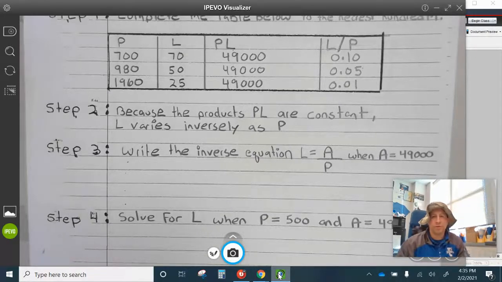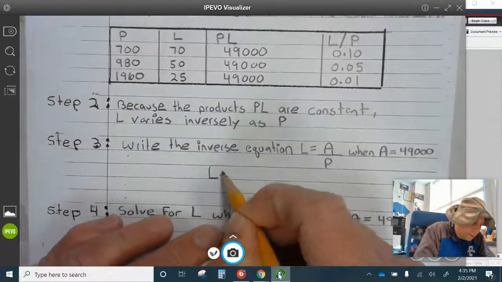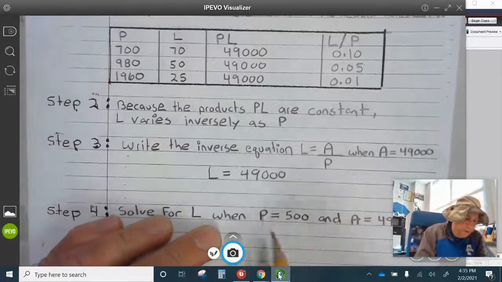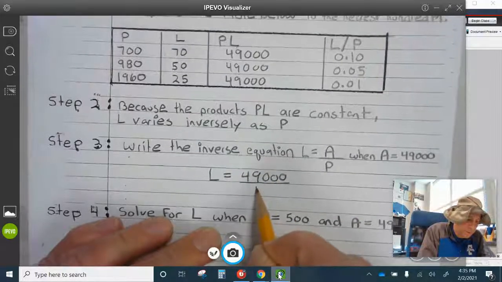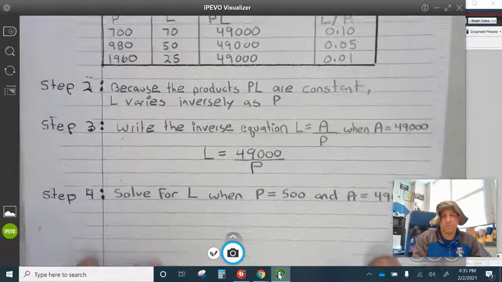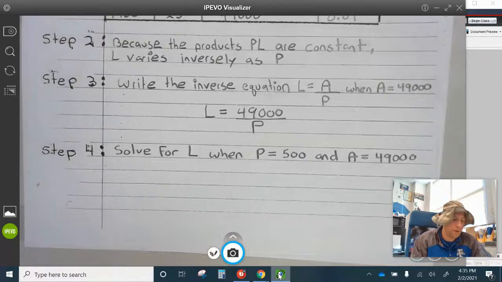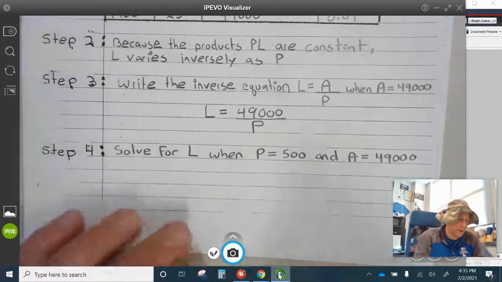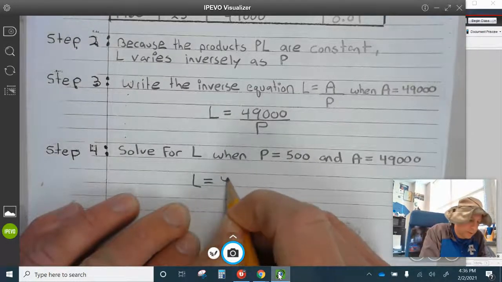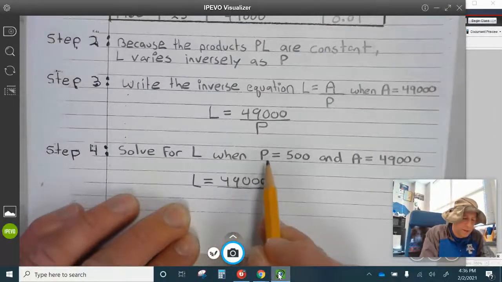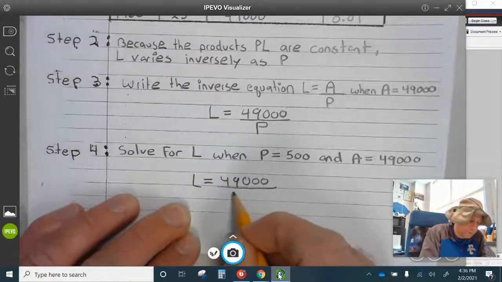Write the inverse equation L equals A divided by P when A equals 49,000. So L equals 49,000 divided by P. Now solve for L when P equals 500 and A equals 49,000. So we know L equals 49,000 divided by our P, individual price of the laptop, which is 500.